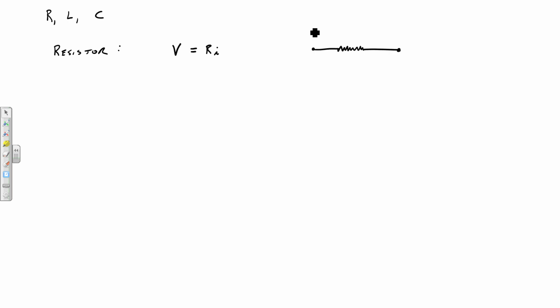We're going to say this is our current flow like that. And a resistor is probably the simplest electrical element you can have. Again, it just relates voltage across the resistor to its own resistance in ohms and current, like that.